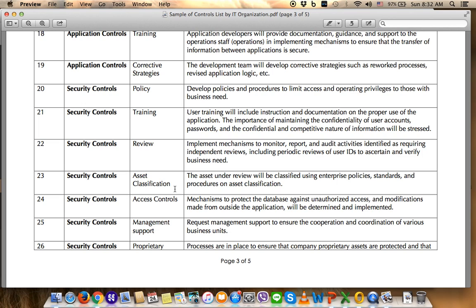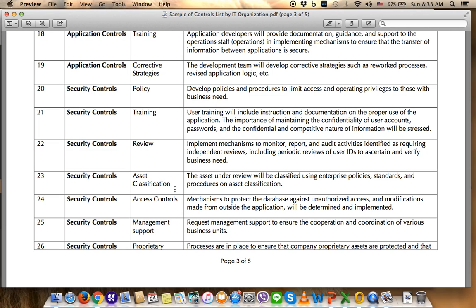So the next is asset control. It's a popular control mechanism that risk management also emphasize on this particular control, purposely to design and focus on the mechanism to protect the database against unauthorized access, and modification made from outside application will be determined and implemented.